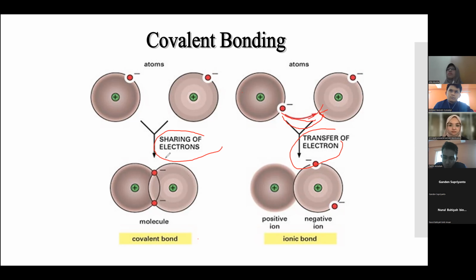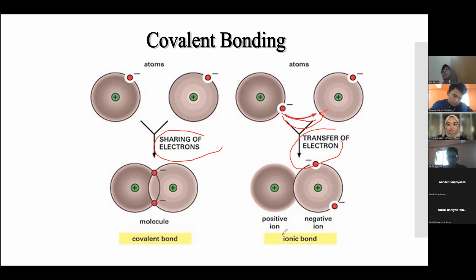But in covalent bonds, the mechanism is not similar to ionic bond. No give and accept, no lose and gain, but the sharing of electrons. They use the electrons together. This is a covalent bond. In the covalent bond there is an overlap of orbitals, because electrons are shared.